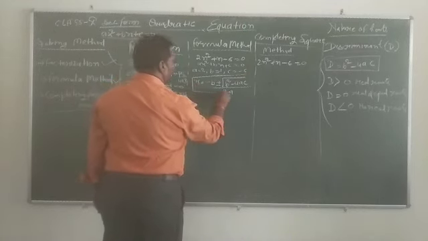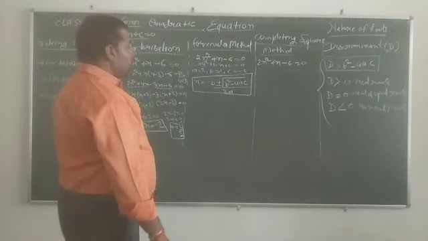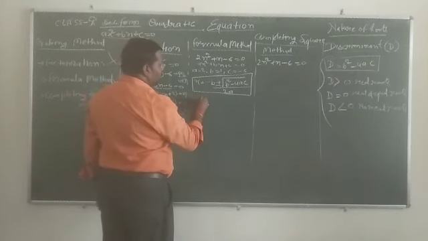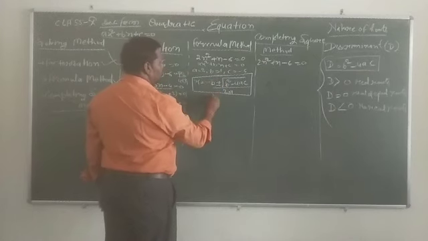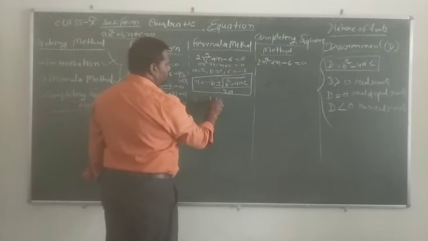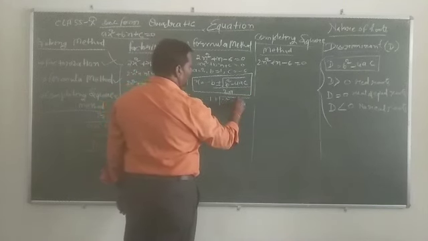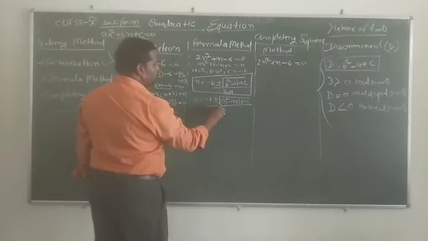That is the formula of the formula method. Put the values in there. So x equals minus b, value 1, plus minus under root b square minus 4 into a into c, and upon 2a.